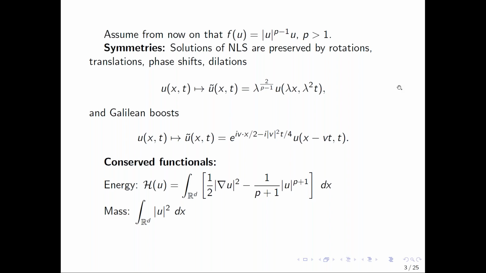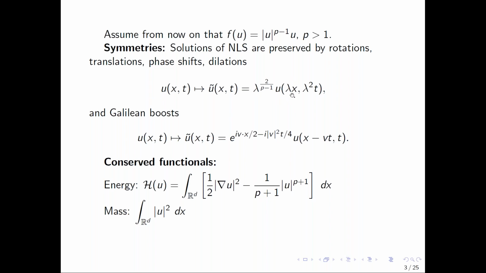So the symmetries say that if you operate on u by rotating in space, or translating in space and time, or phase shifting u, which means multiplying u by a complex constant of amplitude 1, or dilating u, which I've written down here.